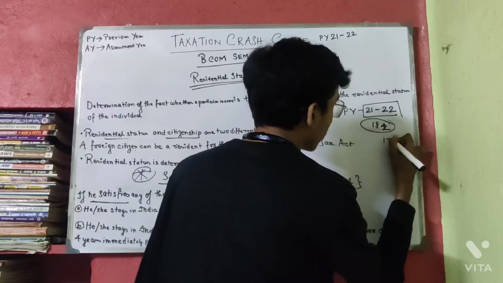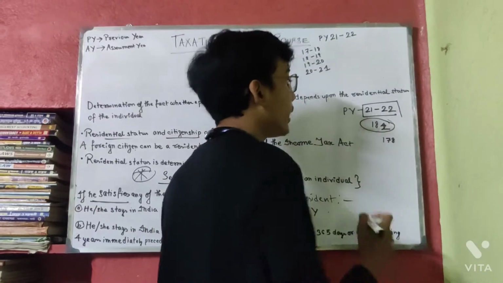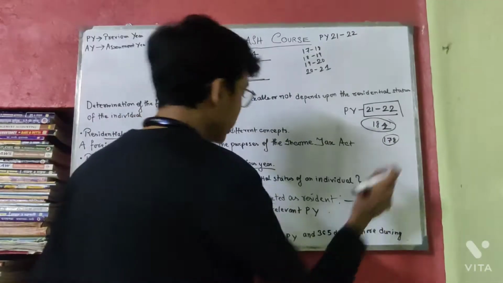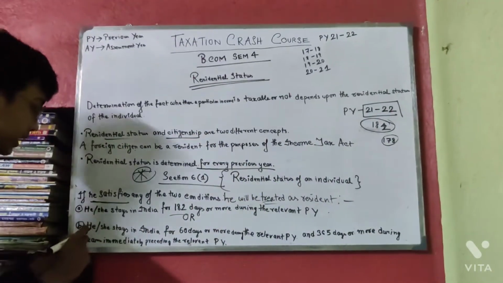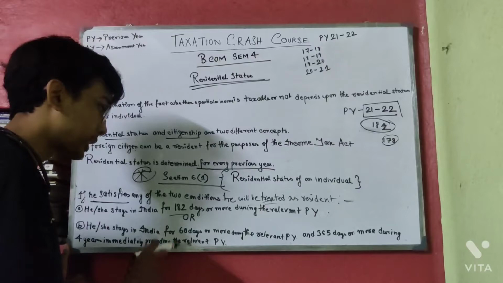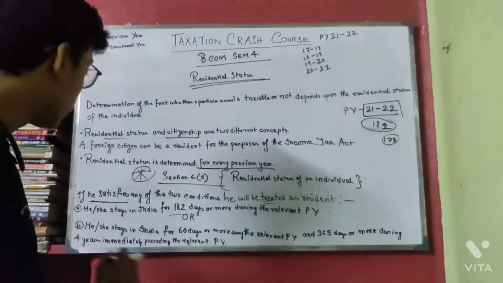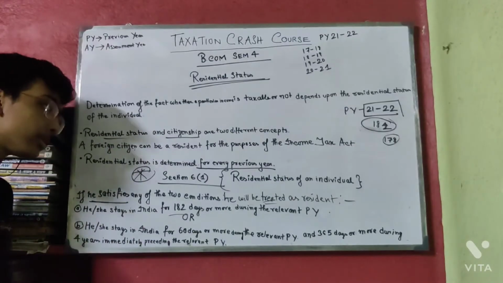Then if he stays in India for 178 days, that is less than 182 days, so we have to check the next condition. The next condition says that he or she stays in India for 60 days or more during the relevant previous year and 365 days or more during the 4 years immediately preceding the relevant previous year.